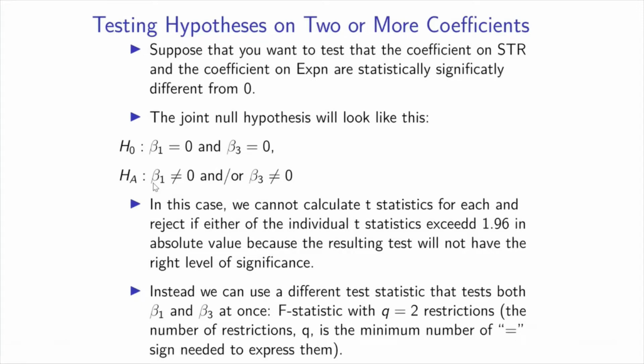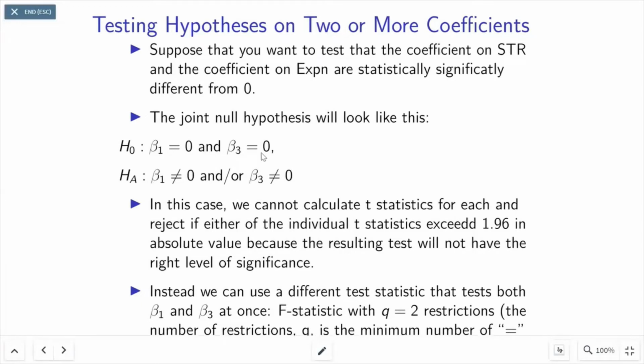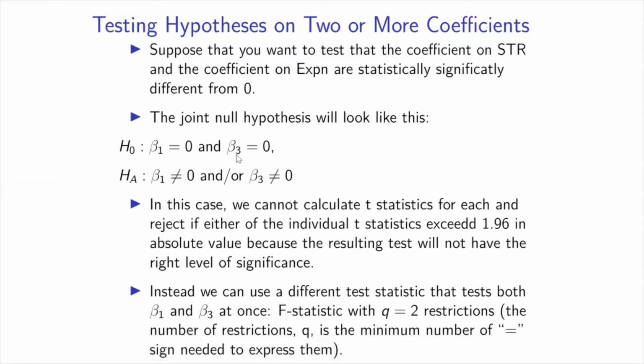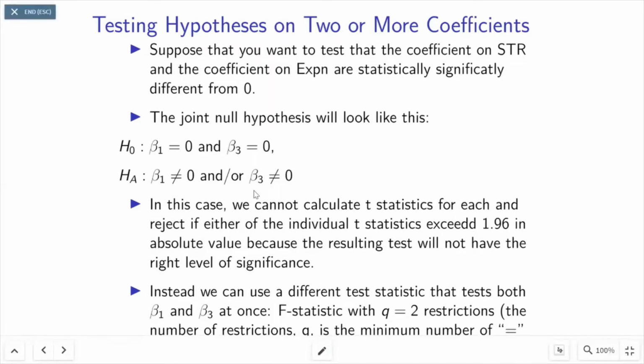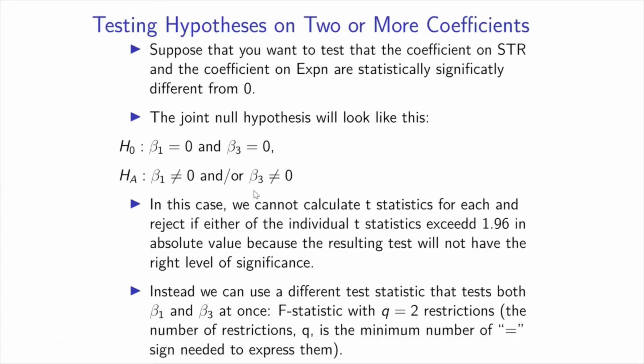Note that the null hypothesis only includes one scenario, that is, when beta 1 and beta 3 are both equal to 0. But the alternative hypothesis includes the specifications for 3 different scenarios, corresponding to 3 different unrestricted models.